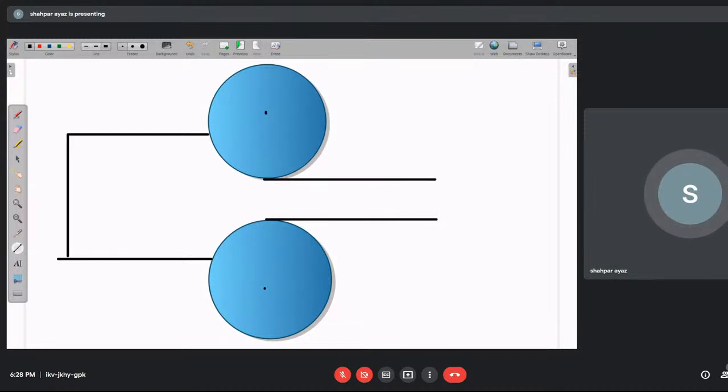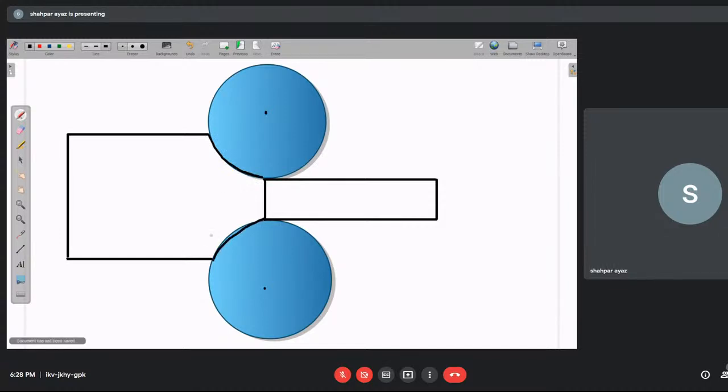Here, this is the sheet, and this is the thickness of the sheet. It is coming like this.